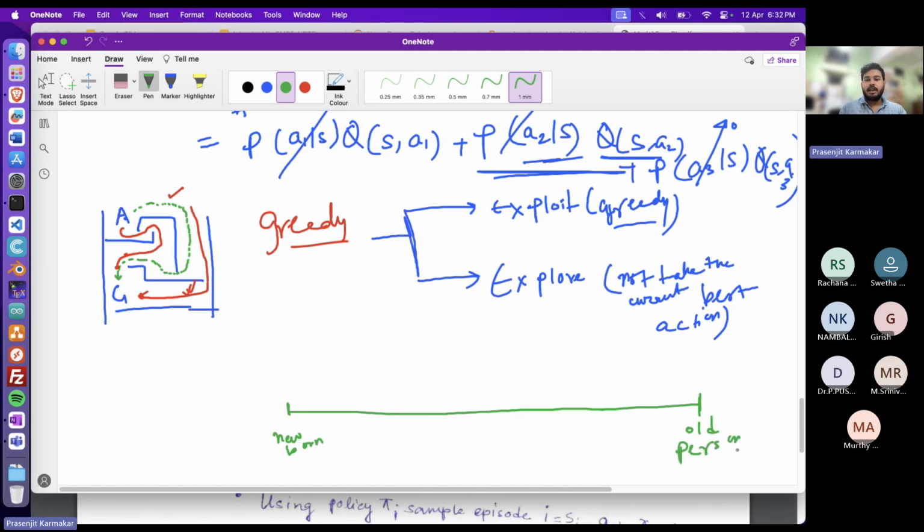Let's see how exploration and exploitation work in our brain. Let's say this is 100%, and this is the axis. Now explore: newborns or children explore more. They do random stuff.